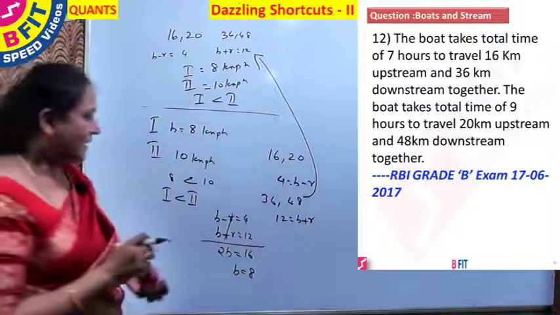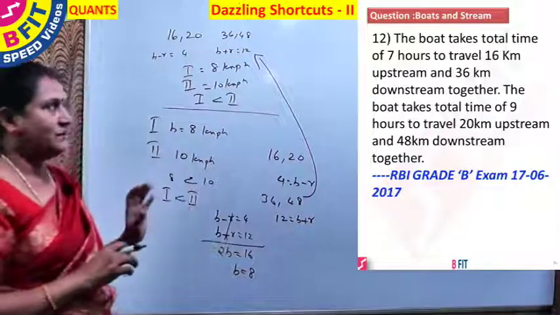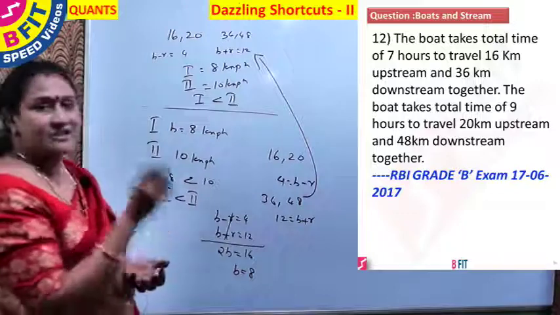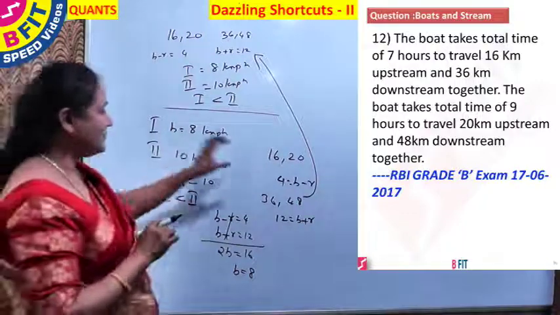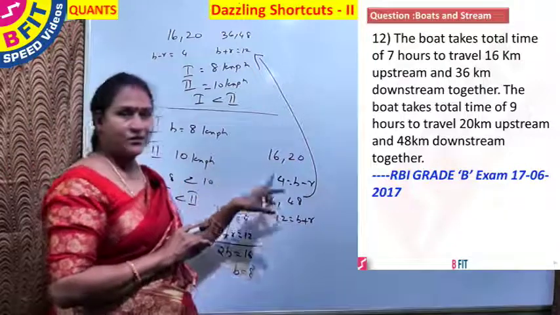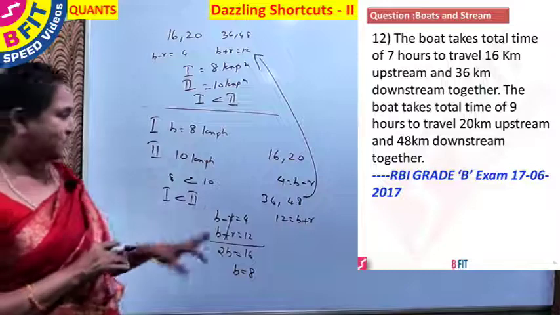So once again I'll remind you how to get the answer. Seeing the question, don't leave it off. It is very simple and within seconds you can get the answer. Collect the upstream distances and downstream distances, check for the highest common factors, and cross check whether it tallies. Almost for all the questions it tallies.